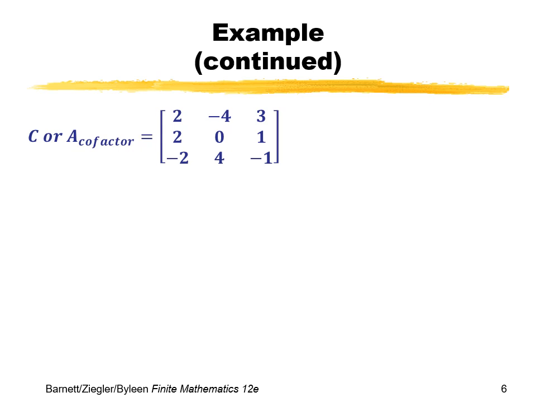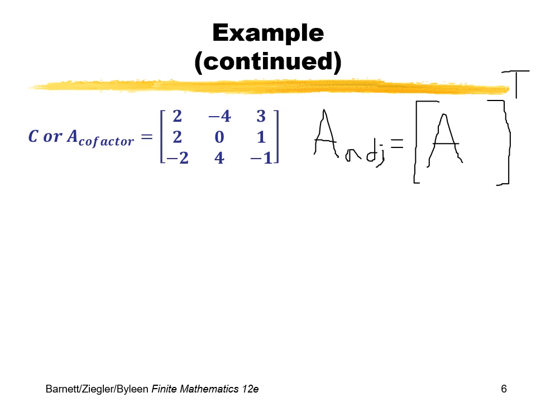After calculating the cofactor, we need to get the last matrix, which is the adjoint. A adjoint equal the transpose of the cofactor.